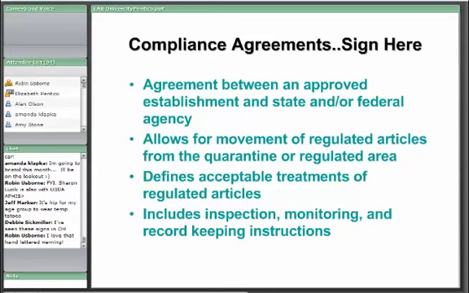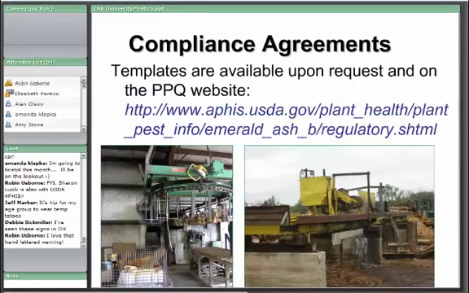It defines the acceptable treatments that need to be taken, and it includes a monitoring record-keeping scheme that goes along with permission to do that. And that's the main way in which we facilitate business in a regulatory program. Once again, as I told you, the templates for those basic agreements are available on our website.